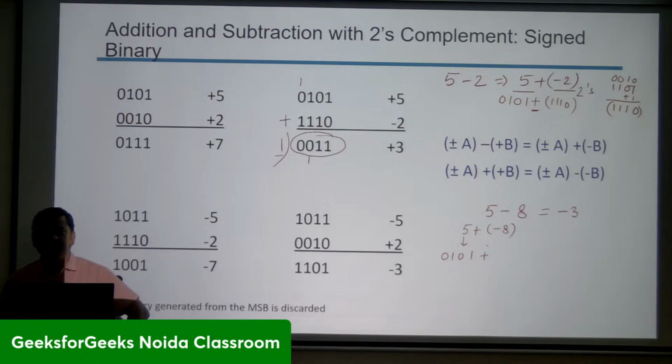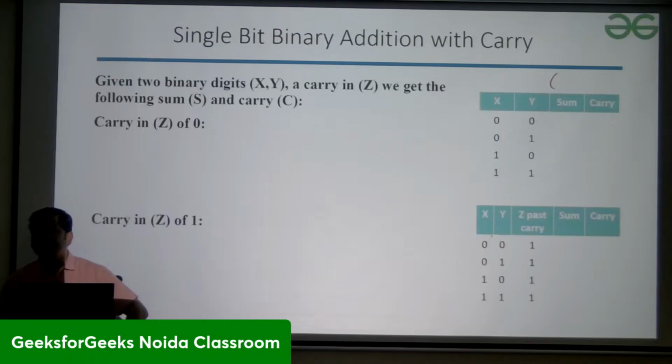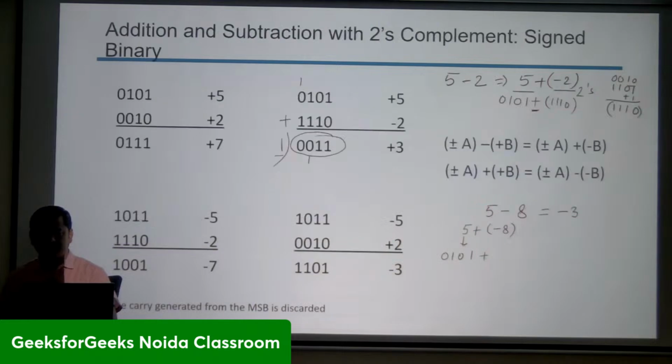Give me the 2's complement of minus 8. One, one, triple zero, sir. 1, 1, 0, 0. Add it.